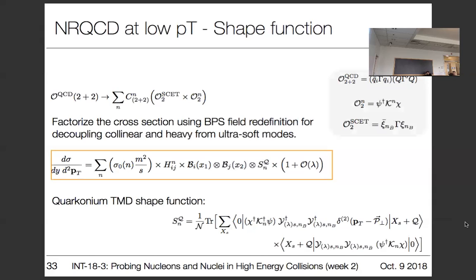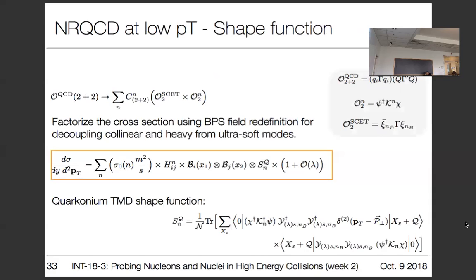But there is no way you can argue that this object factorizes here, because there is a crosstalk between the Wilson lines that came from the two protons and the Quarkonium operator, because this is soft gluons, and the soft gluons in the NRQCD Lagrangian talk with the heavy quarks.